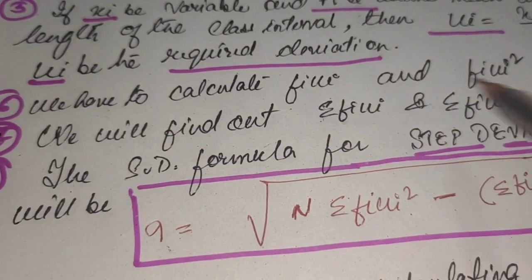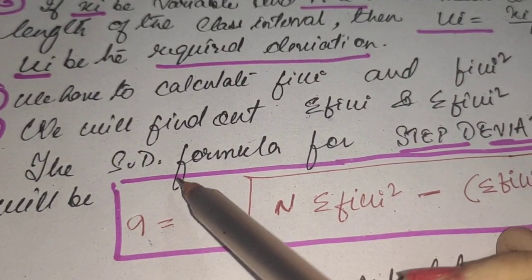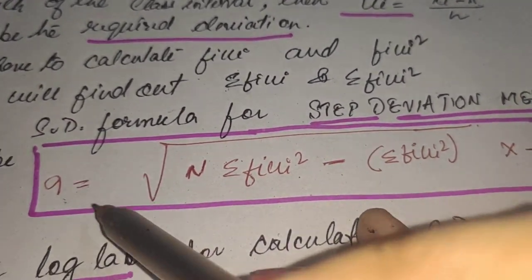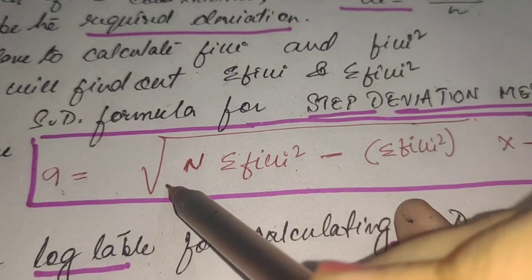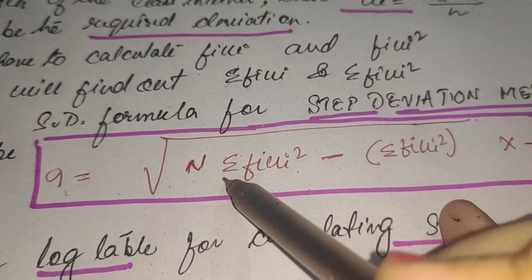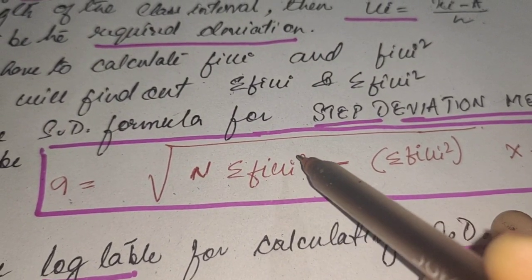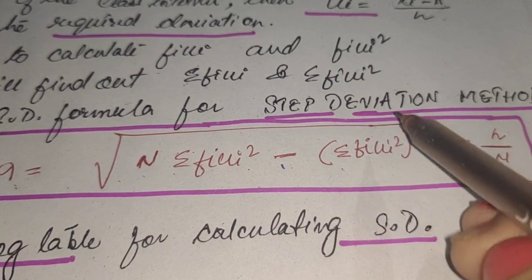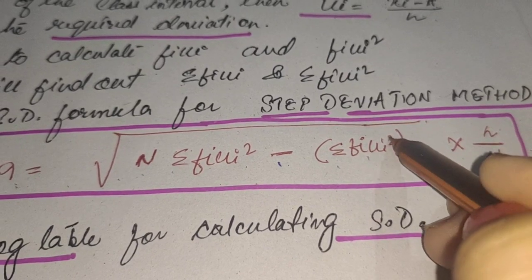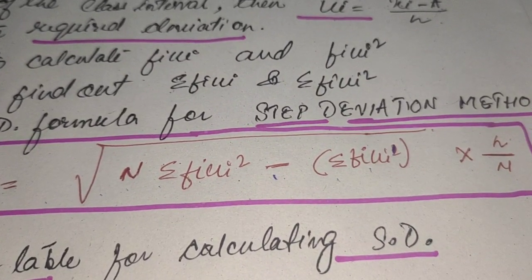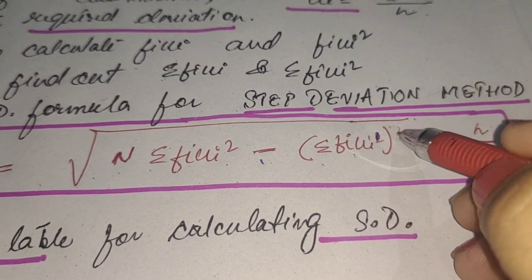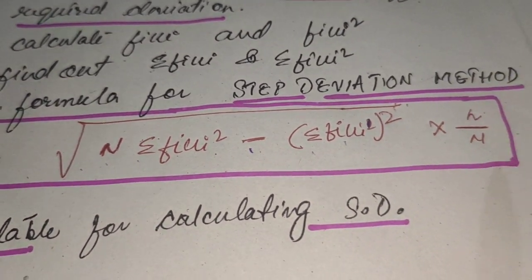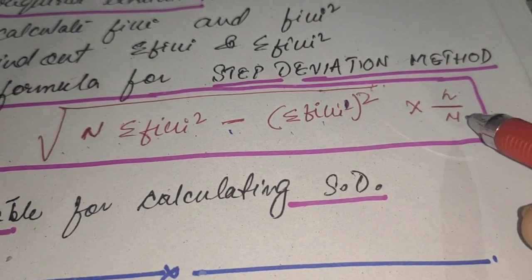Now after calculating all these things, the standard deviation formula that we use for this step deviation method is sigma equals h by n times the square root of n into summation of fi ui square minus the summation of fi ui, whole squared. So the square root finishes there, and outside the square root it will be h by n.